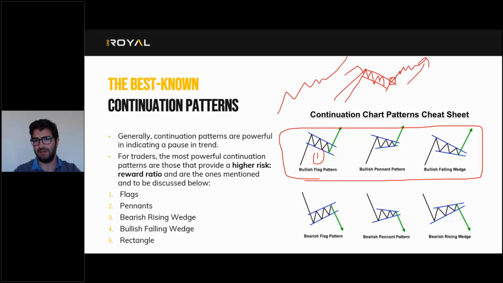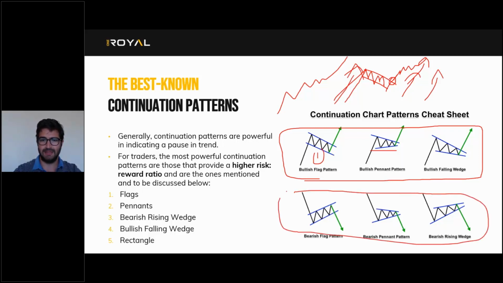And if you see a bullish pennant, you should expect the same. Instead of a bullish flag or bullish falling wedge, also you should expect a move to the upside. So either you see a bullish flag, bullish pennant, or bullish falling wedge, then expect that after breaking this pattern, there will be a move in the same direction of the main trend.